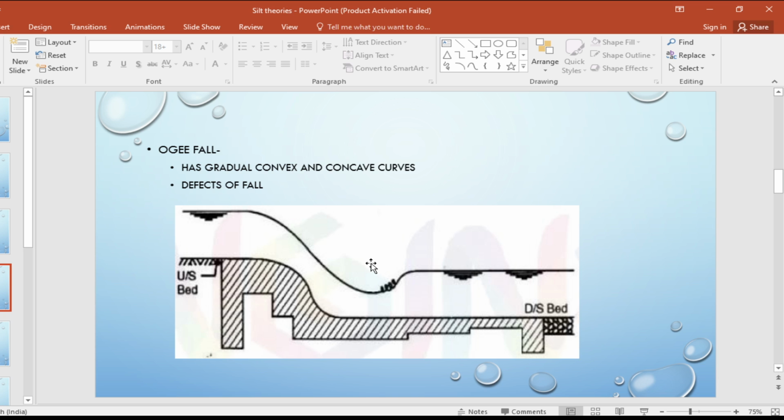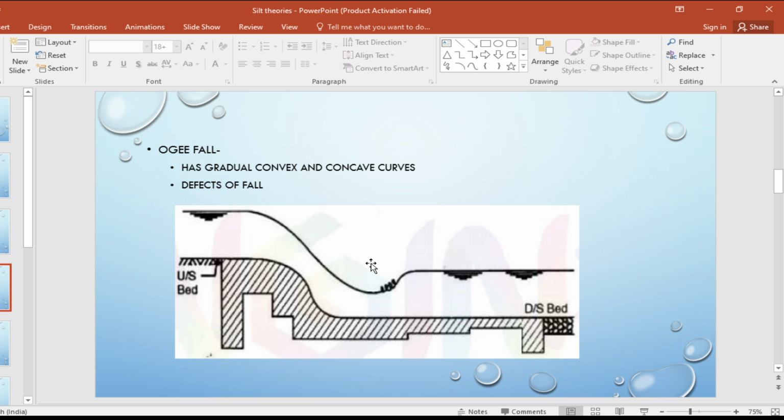The aim of this fall is to provide a smooth transition of energy and to reduce the disturbance and also reduce the impact.